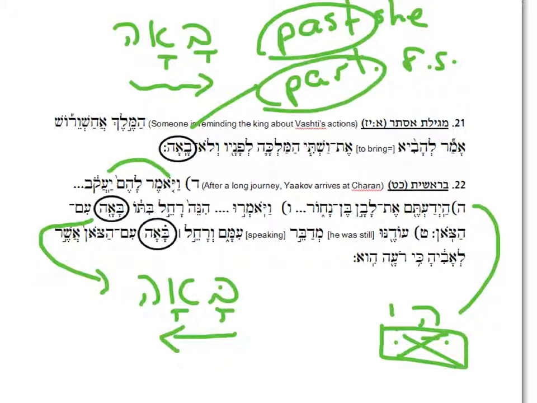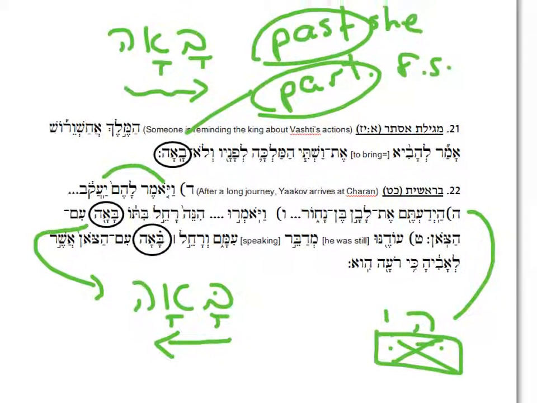So here, behold Rachel his daughter either is coming with the sheep or will be coming with the sheep, because I have a participle. But notice that I also have the word hine here. So hine before a participle describing the future would make it imminent, right? So either Rachel is coming with the sheep, or Rachel will be coming very soon with the sheep.